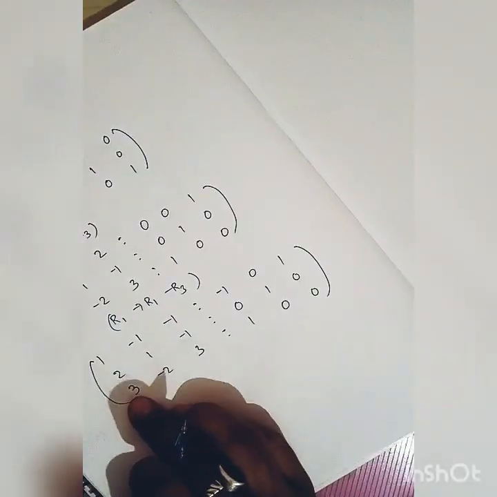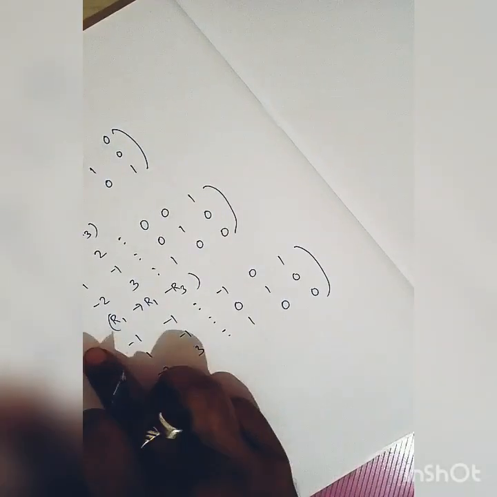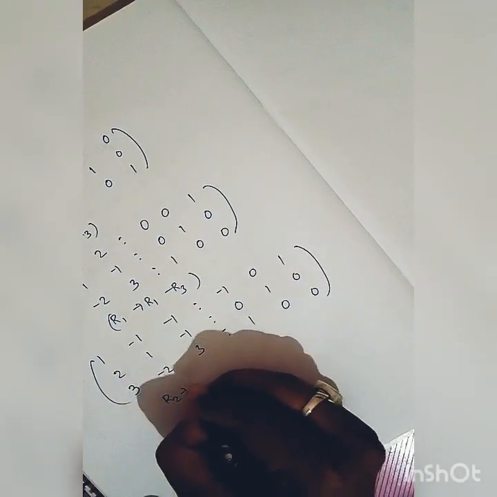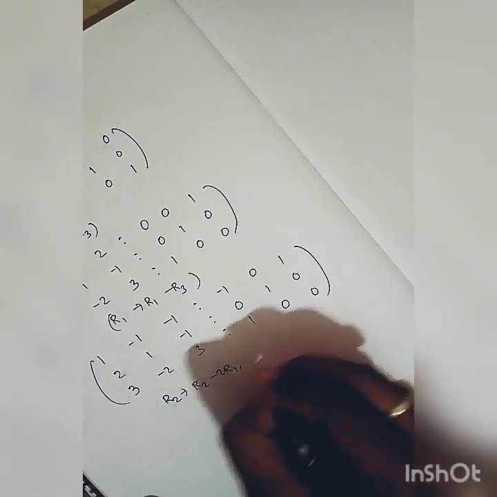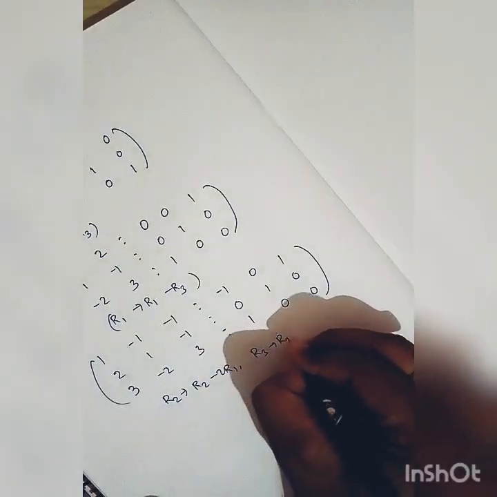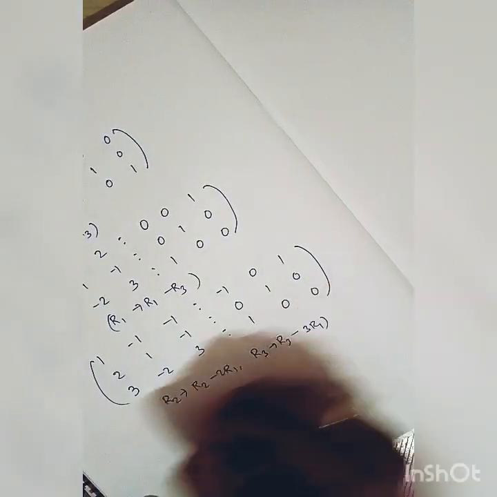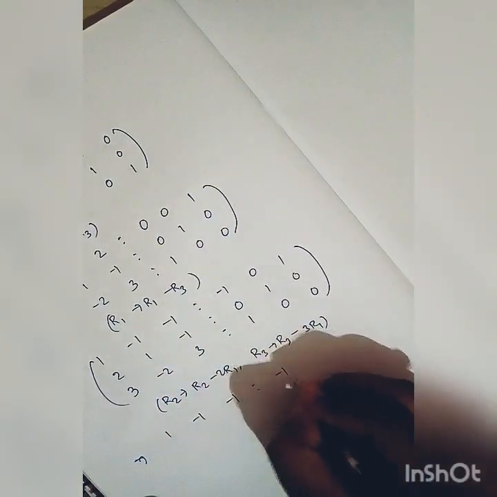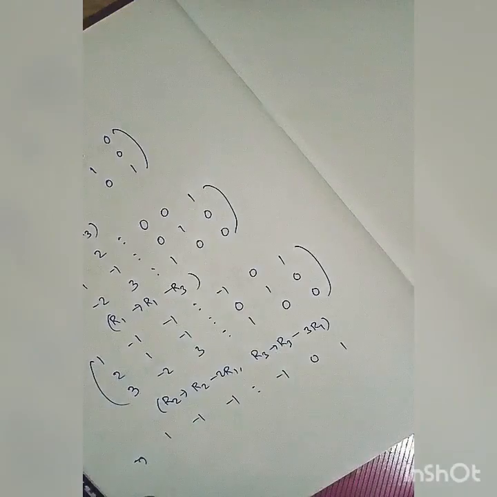Again we have to reduce this 2 1 3 to 0 using this one, as we have to solve column-wise. So use the property row 2 is replaced by row 2 minus 2 row 1, row 3 is replaced by row 3 minus 3 row 1. So it is 1 minus 1 minus 1, minus 1 0 1.